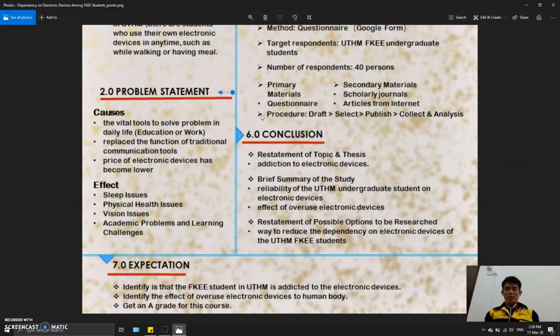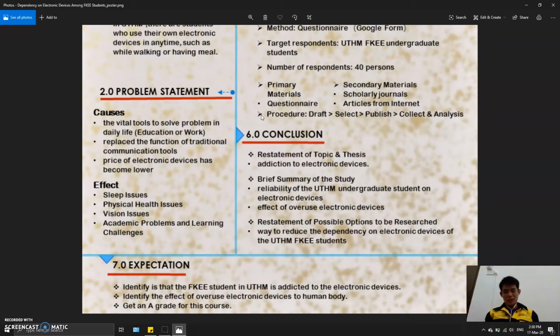As the demand of electronic devices increases, the price of electronic devices has become lower and lower in this era. The effects brought by the electronic device are sleep issues such as insomnia, physical health issues like pain in neck and shoulder, vision issues such as itchy eyes, and academic problems and learning challenges.